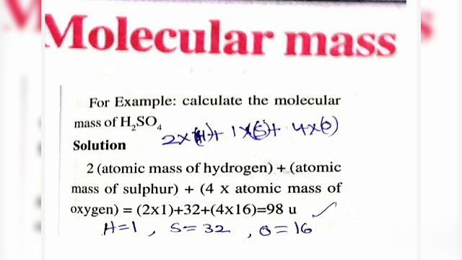So 2 into 1 plus 1 into 32 plus 4 into 16. 2 ones are 2 plus 32, 4 sixteens are 64. Adding all this, the total is 98 units. So the molecular mass of sulfuric acid is 98 units.